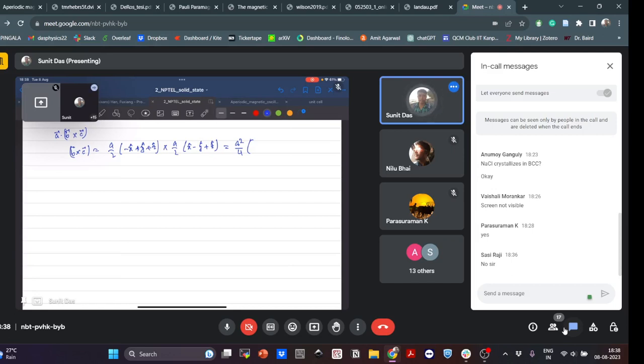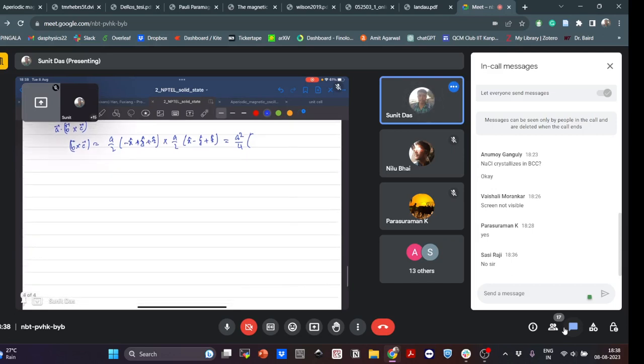Now X cross X will be 0, right? X cross minus Y will be minus X cross Y, equal to Z cap.